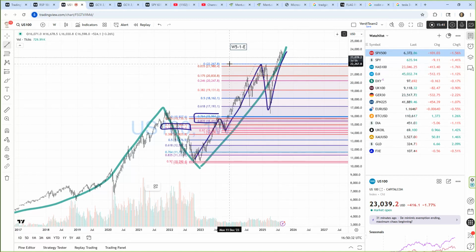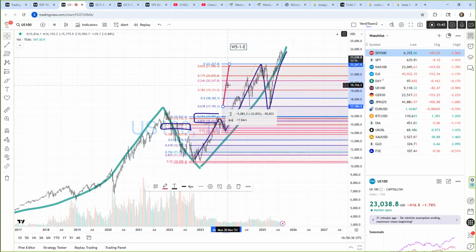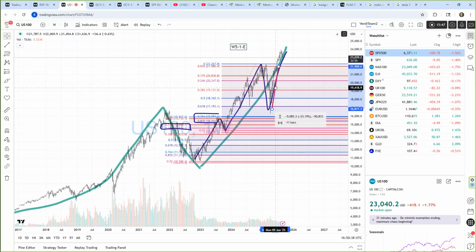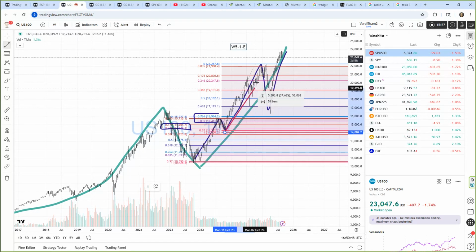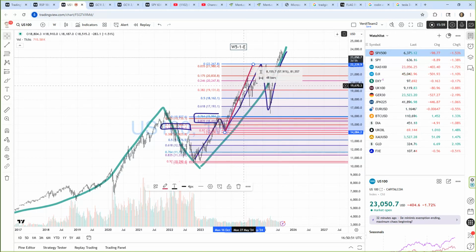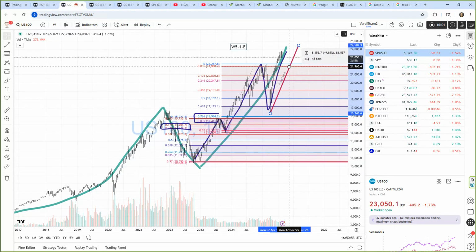Well, you come right up to here to 0, come down to 618, drag this over here, and you can see that we're well above the 618 level, and we're probably closer to the full range here. Yep, pretty darn close to the full range.